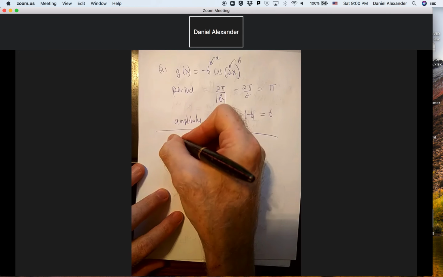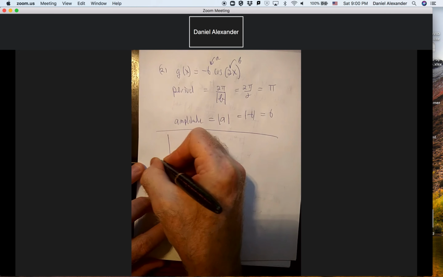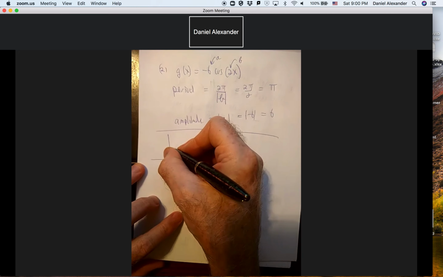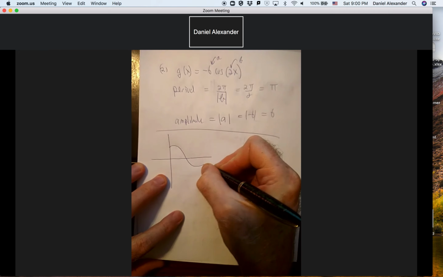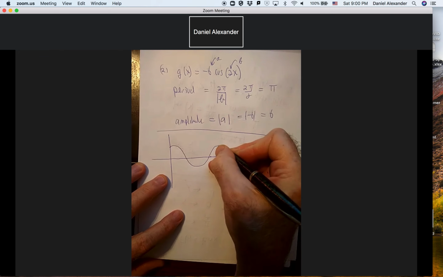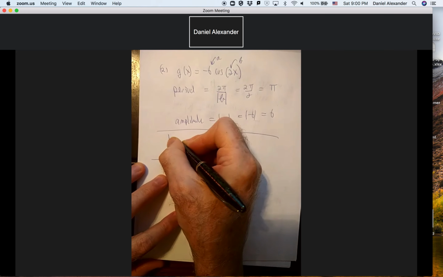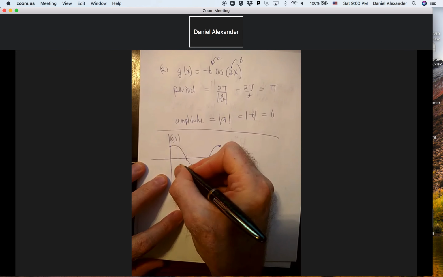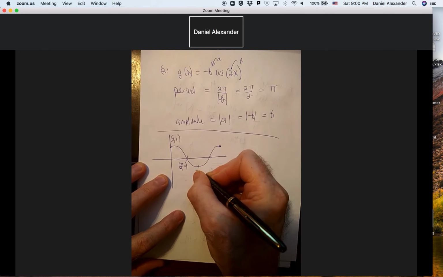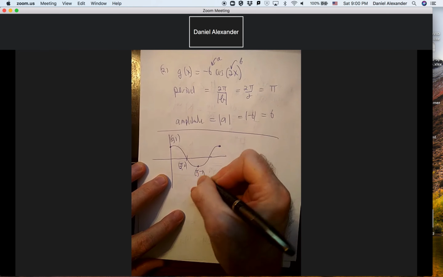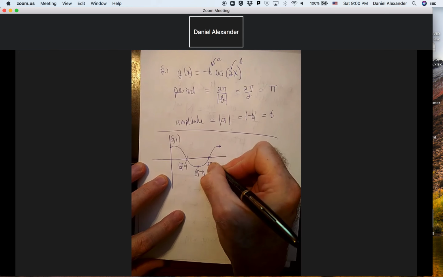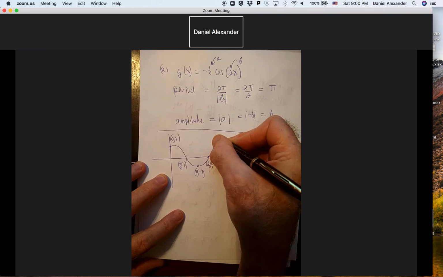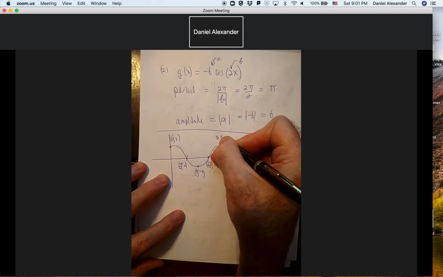Okay, so let's see what the graph looks like. This is the cosine. Remember, one cycle of the cosine looks like this. It starts at 0, 1, crosses at pi over 2, pi minus 1, crosses again at 3 pi over 2, and then one cycle ends at 2 pi, 1.